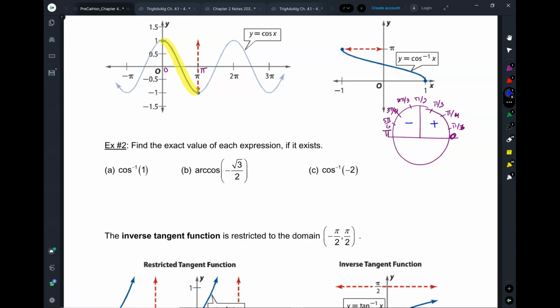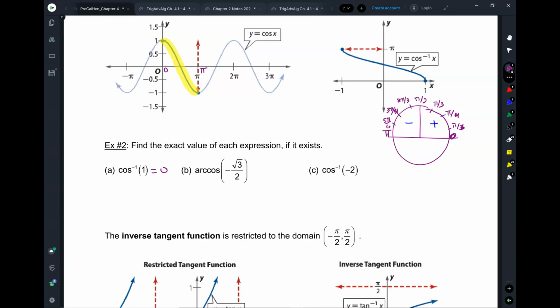Now, inverse cosine of 1. What do you guys think? For which angle is cosine 1? 0. Can we say 2 pi? No. Physically on the unit circle, 2 pi is here, but where is 2 pi on the restricted domain?